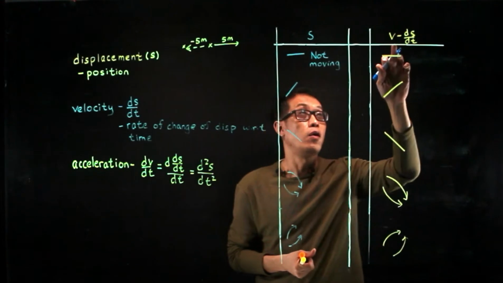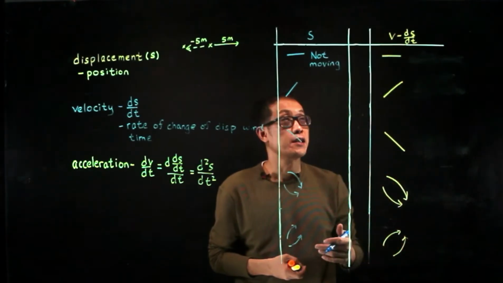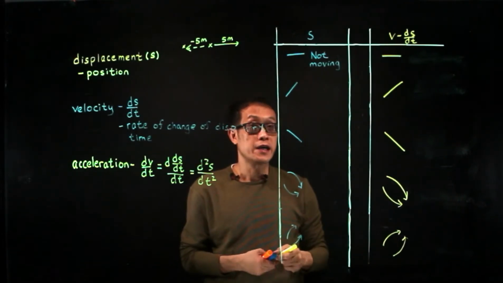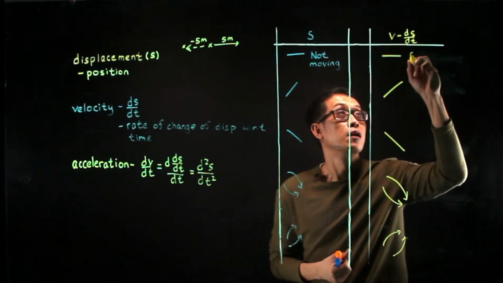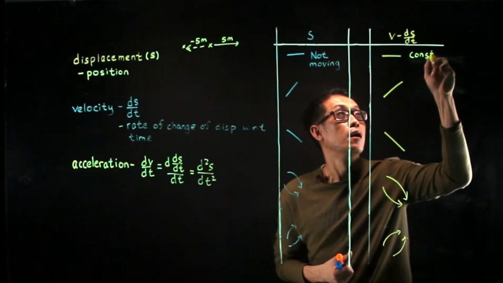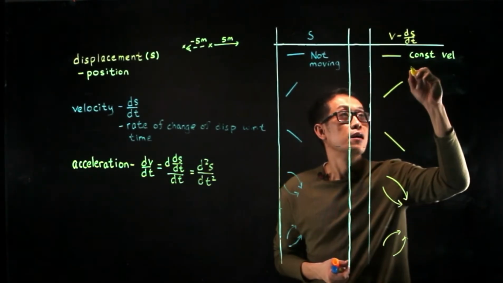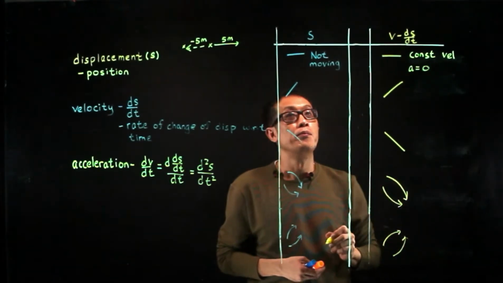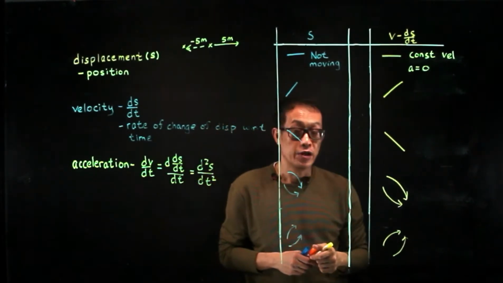Now, if the velocity time graph is a horizontal line, that means the object is moving at a constant velocity. That means acceleration is 0 because there's no rate of change of velocity.